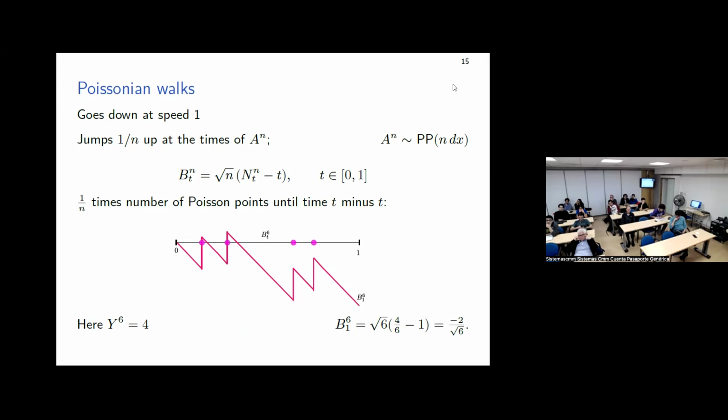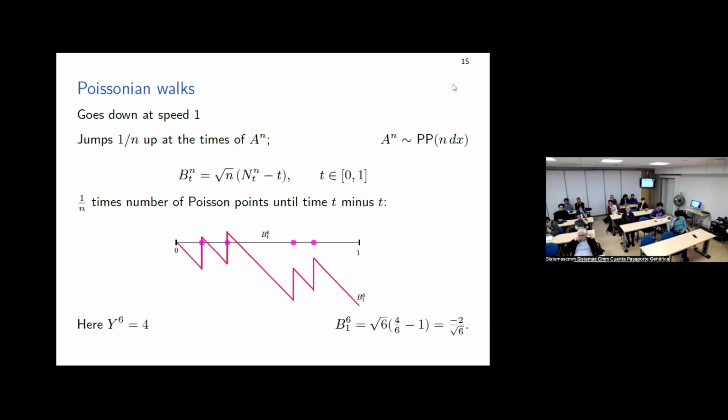So here you have the picture. This Poisson walk goes linearly down at speed 1, and then jumps at each point of the Poisson process, and finishes at some point that is B_1.